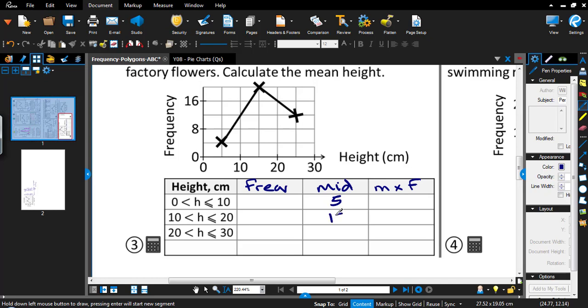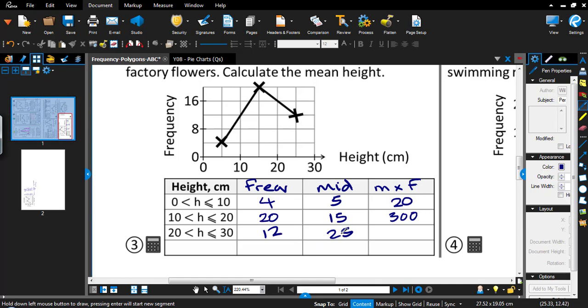Let's do the mid first because it's easy. 5, 15, 25. Alright, frequency, 4. So we're going up in 4s here. So 4, 20, and 12. 4 times 5 is 20. 20 times 15 is 300.